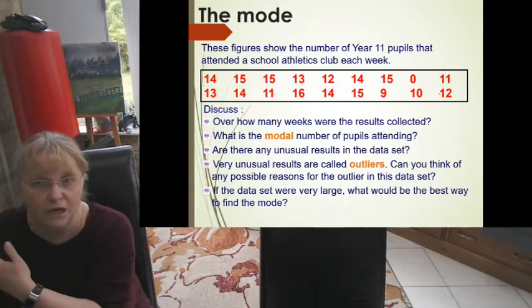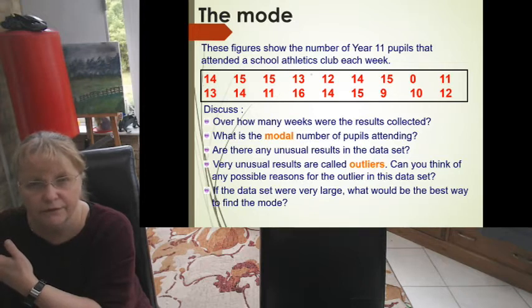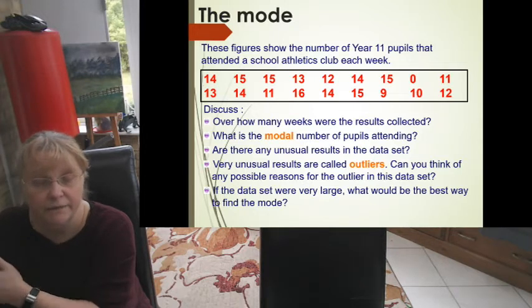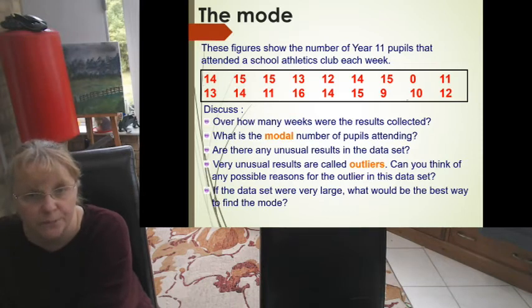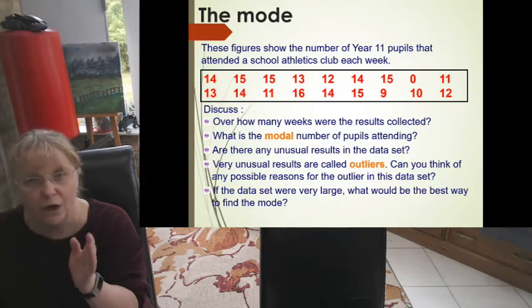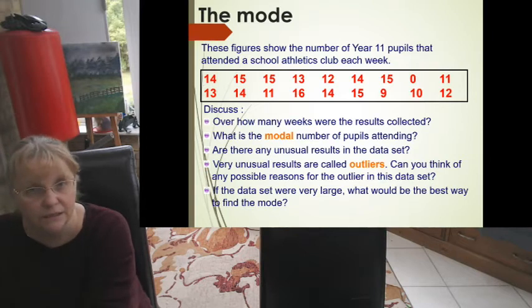I did count that right, didn't I? 1, 2, 3, 4, 5, 6, 7, 8, 9. Yeah, so 18 weeks it went on. So what is the modal number of pupils attending? So remember, the modal is most, but this is a list of each week that they attend.